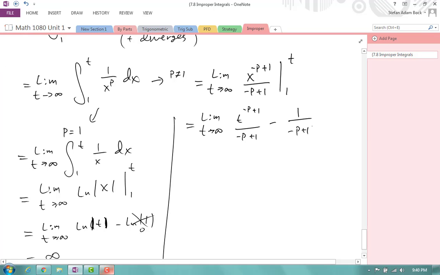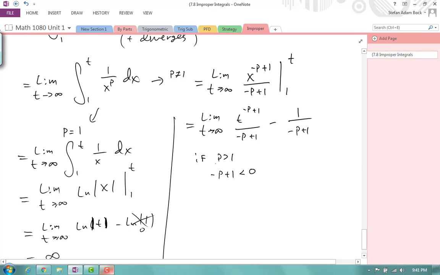So let's see here. T goes to infinity. I actually know a couple of things about this. So t is going to infinity. If p is equal to 1, well, it doesn't work. So if p is bigger than 1, then minus p plus 1 is less than 0.